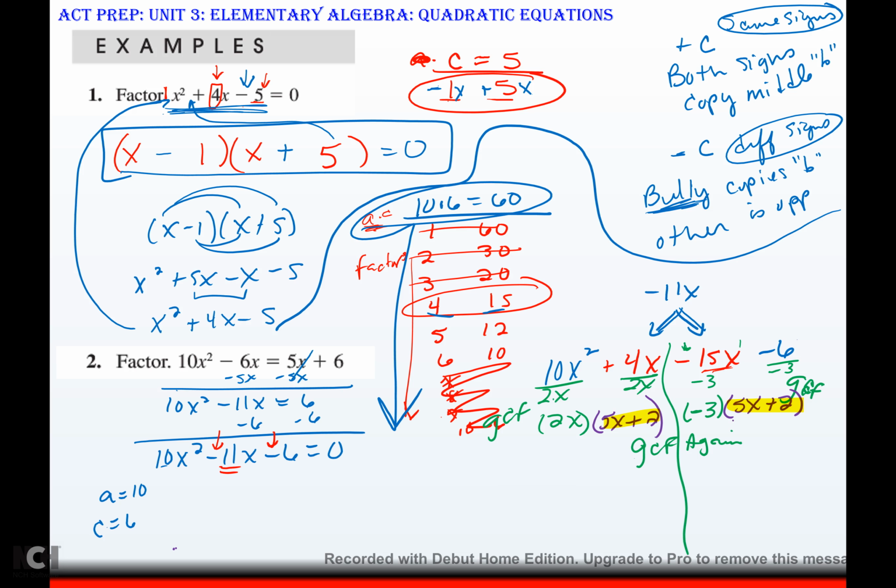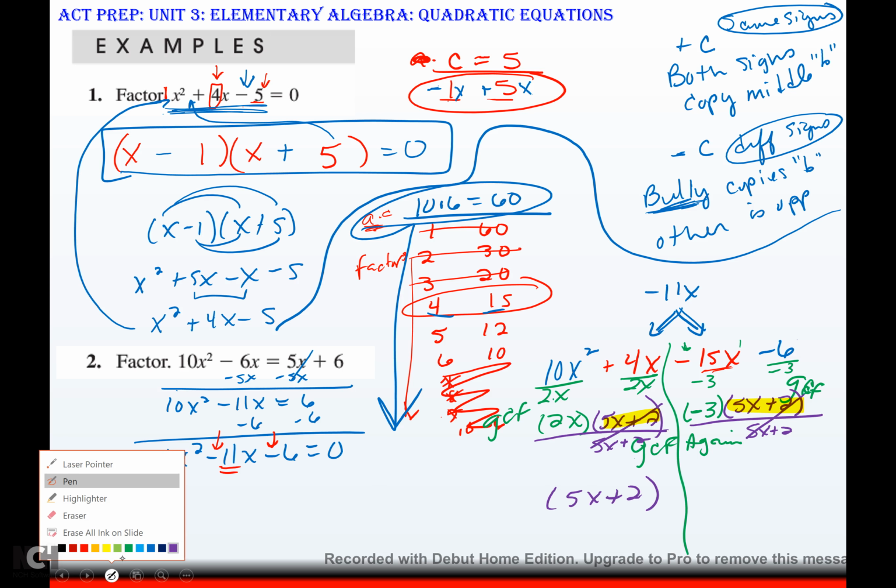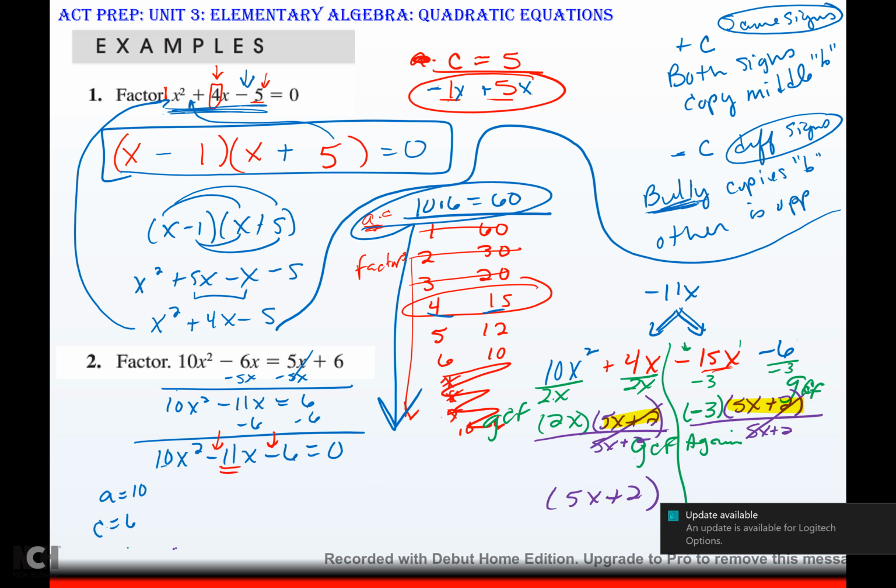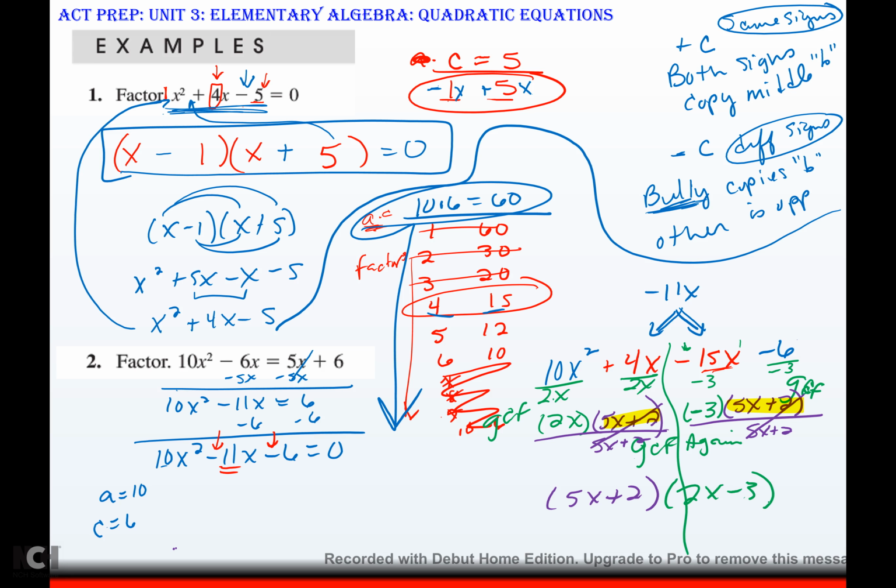But I can GCF again by whatever matches. So my GCF again is 5x plus 2. To get what remains, to get the other factor, I divide by 5x plus 2. And those two terms in green are my other factor. So my other factor is going to be 2x minus 3.